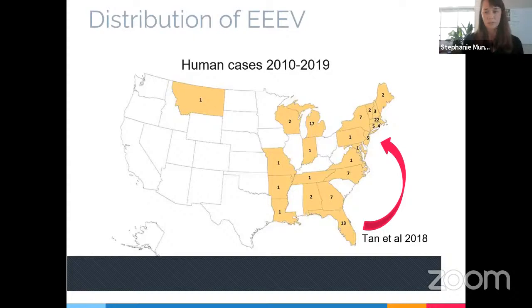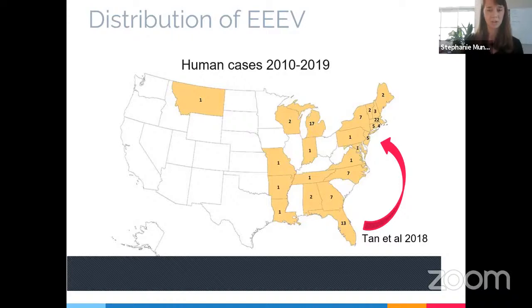And more specifically, why are we interested in looking at EEE in Florida? So if you look at the map of human cases from 2010 through 2019, you see that there are a couple states up north, so Michigan and Massachusetts, have a higher total number of cases, but it's important to note that Florida serves essentially as the source for some of these northern outbreaks.